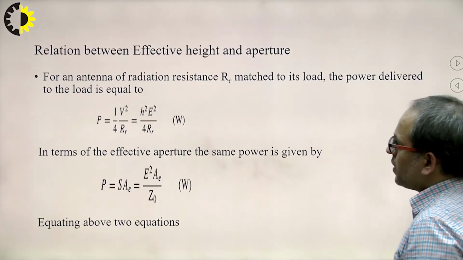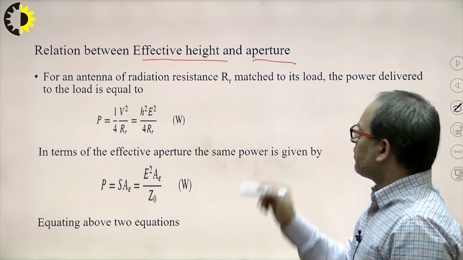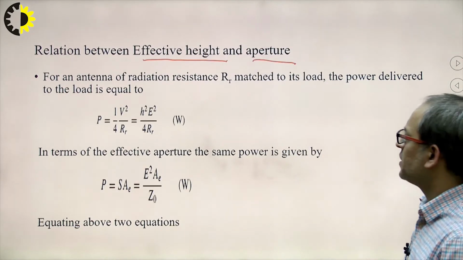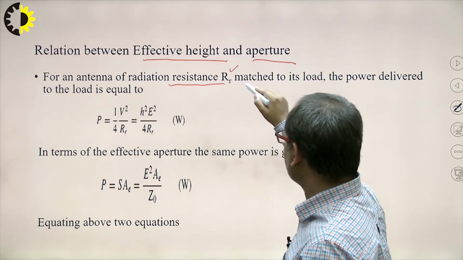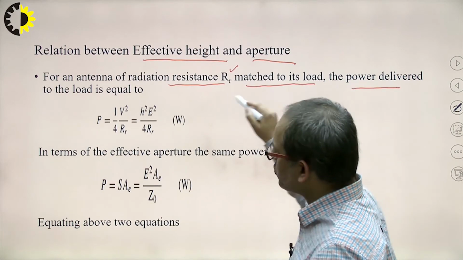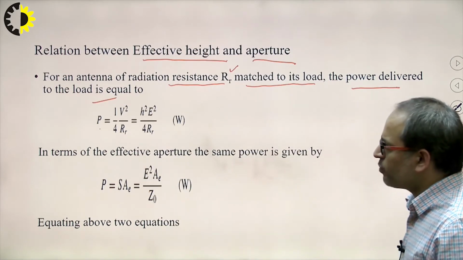Clear? So what is the relationship between the effective height and the effective aperture area? Let's say for an antenna of radiation resistance RR matched to its load, the power delivered to the load is equal to what? P equal to 1/4 V square into RR.